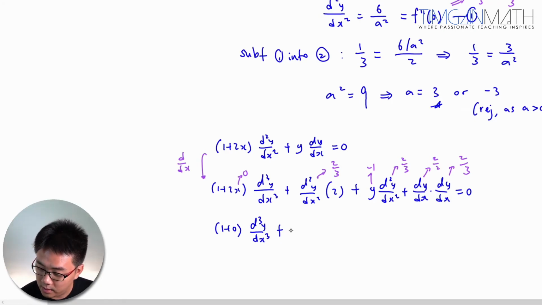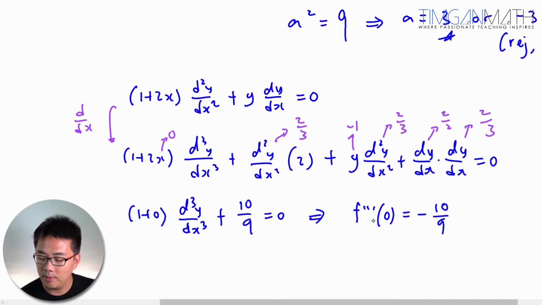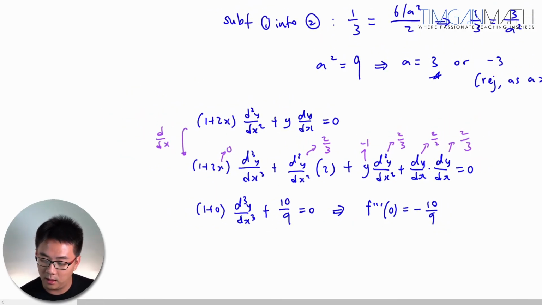So basically what I'll get here is 10 over 9. So f triple prime 0 will just be negative 10 over 9. Okay, so d cubed y over dx cubed is interchangeable with f triple prime in this case.